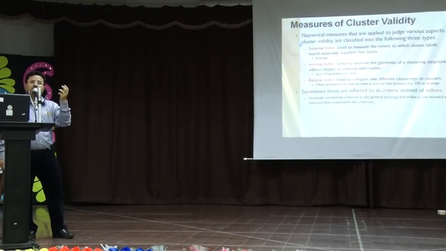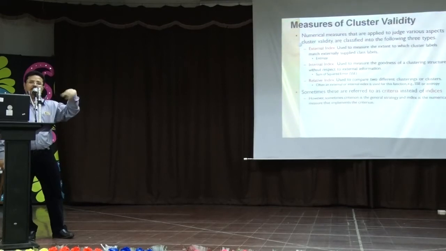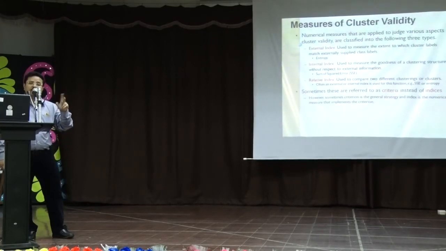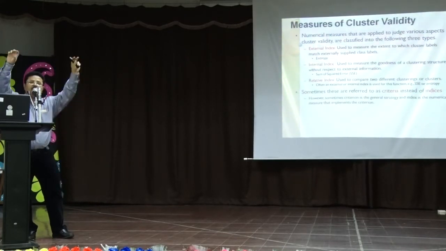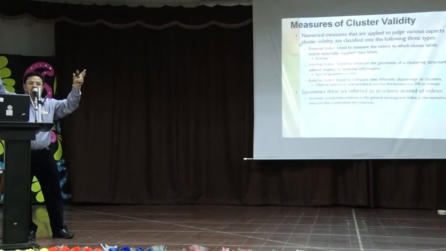You know beforehand which particular data point belongs to which cluster. Based on this prior information, you cluster the remaining data set and then match it with the already defined labels, and see how much it matches. This is the external index. The internal index is measured without respect to any external information, and the relative index compares cluster validity across two or more clusterings.